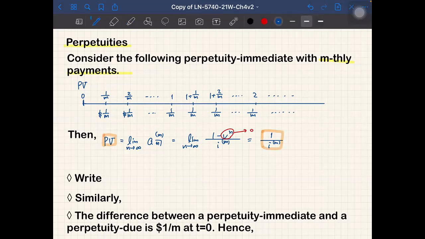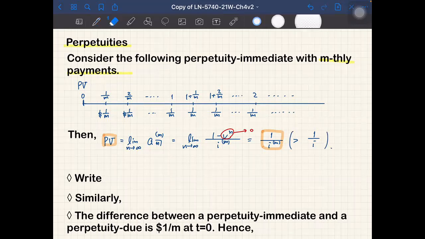For the usual annuity immediate, with just the $1 payment per year, the present value is 1 over i. But this becomes 1 over i superscript m. And i superscript m is slightly smaller than i, so 1 over i superscript m is slightly larger than 1 over i.